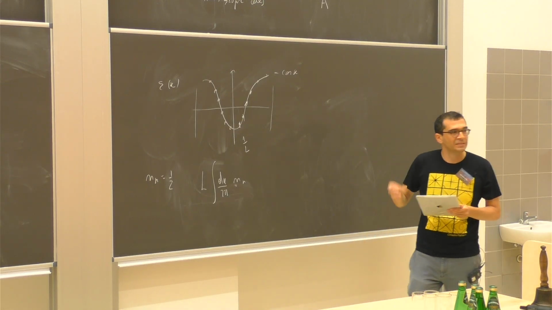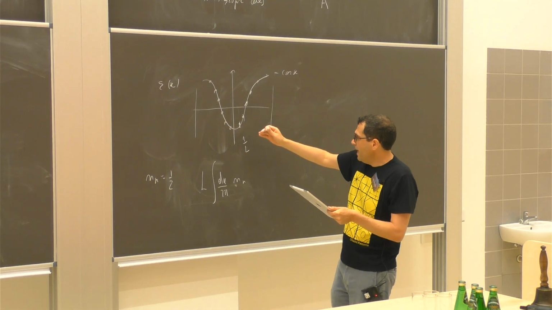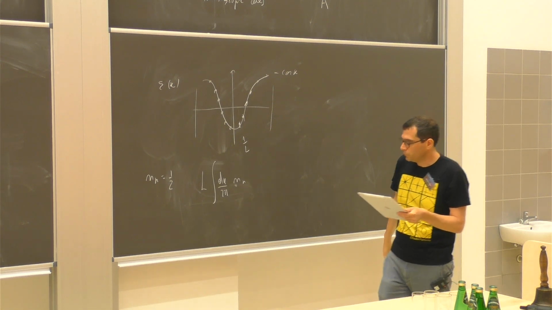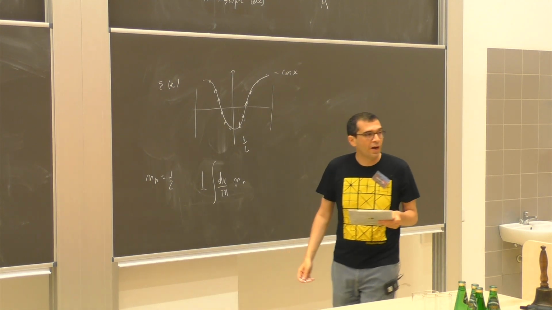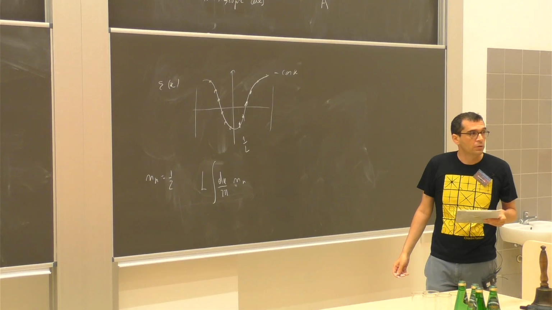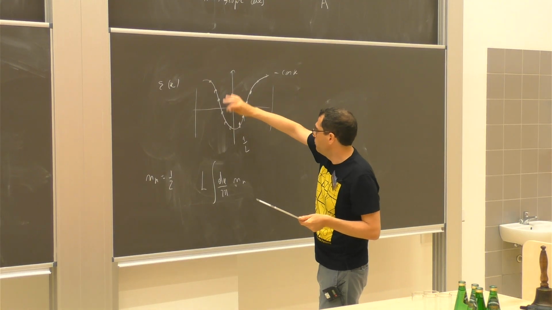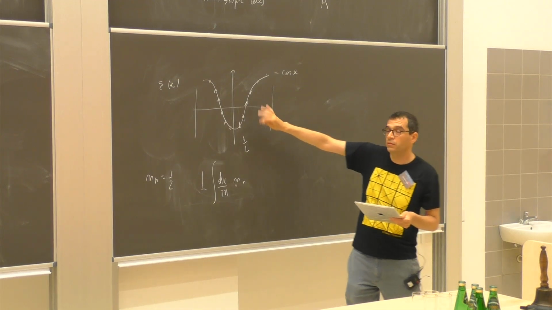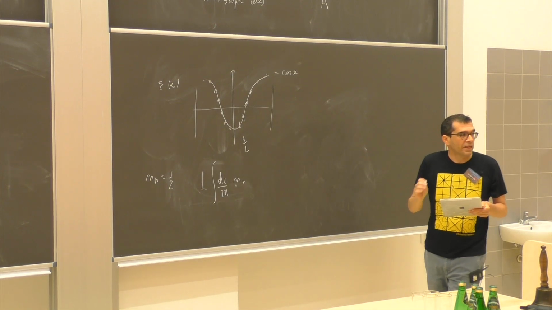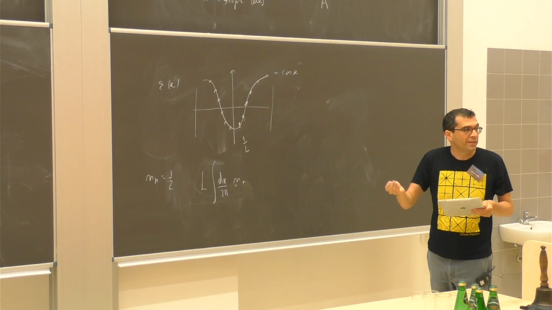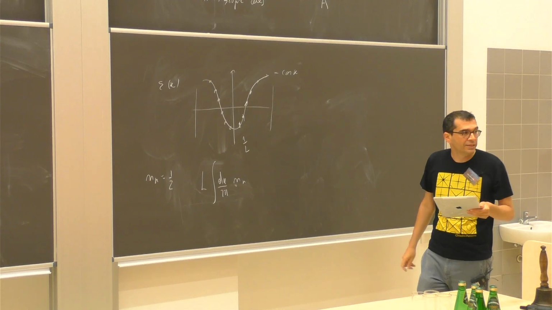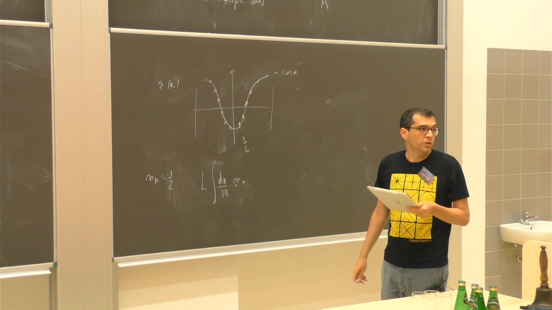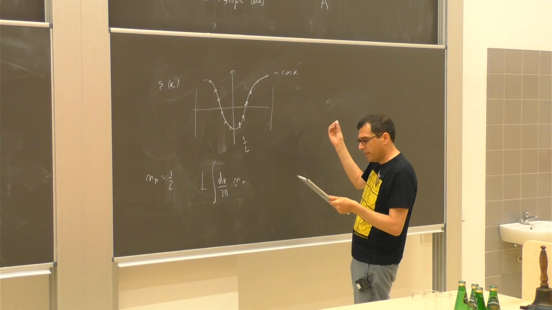Now, as the system approaches the thermodynamic limit, I have to count what are the possible ways of occupying this band while keeping n of k fixed in the thermodynamic limit. How do we do this? This is actually a nice, simple calculation.